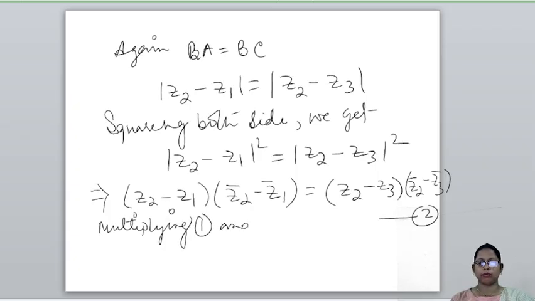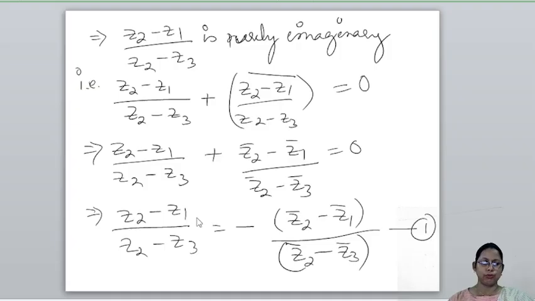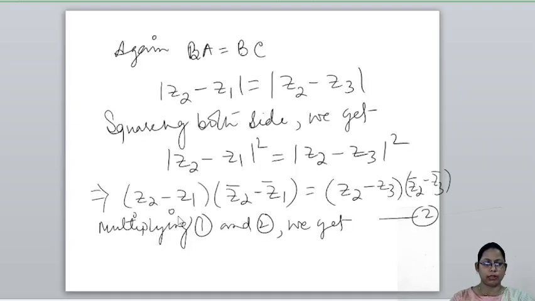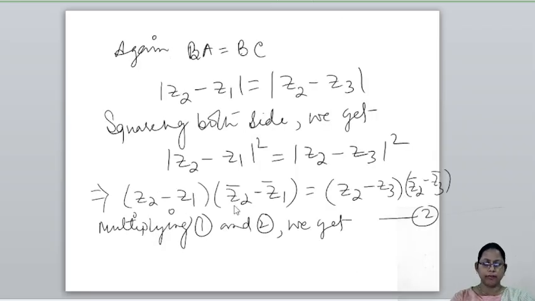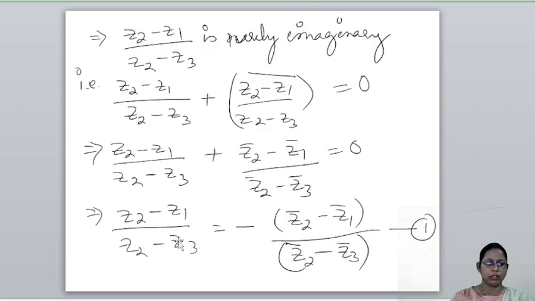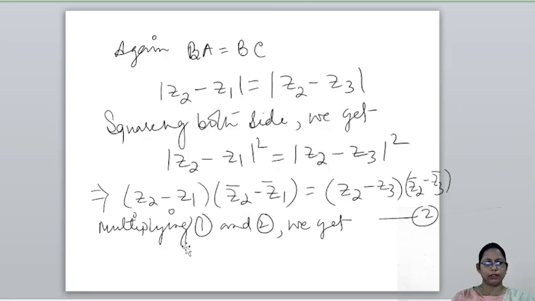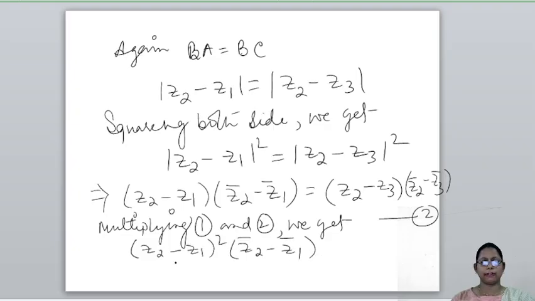Now multiplying equations 1 and 2, on the left hand side we get Z2 minus Z1 whole square times the conjugate of Z2 minus Z1 times Z2 minus Z3.